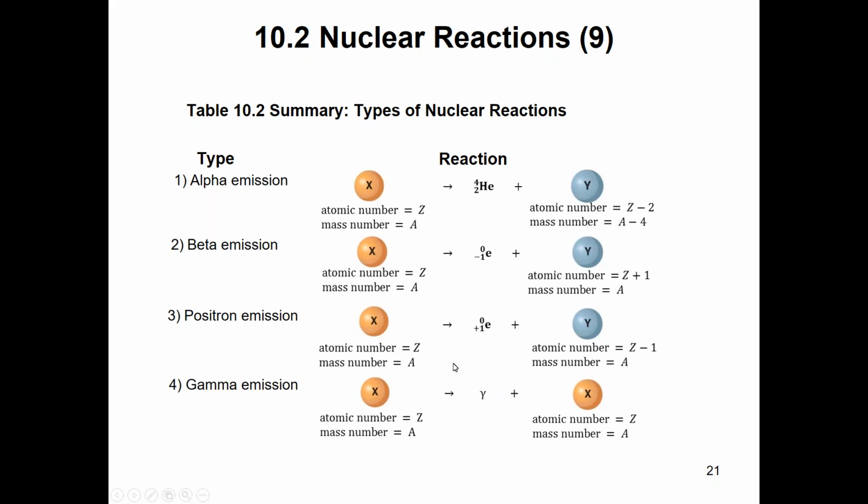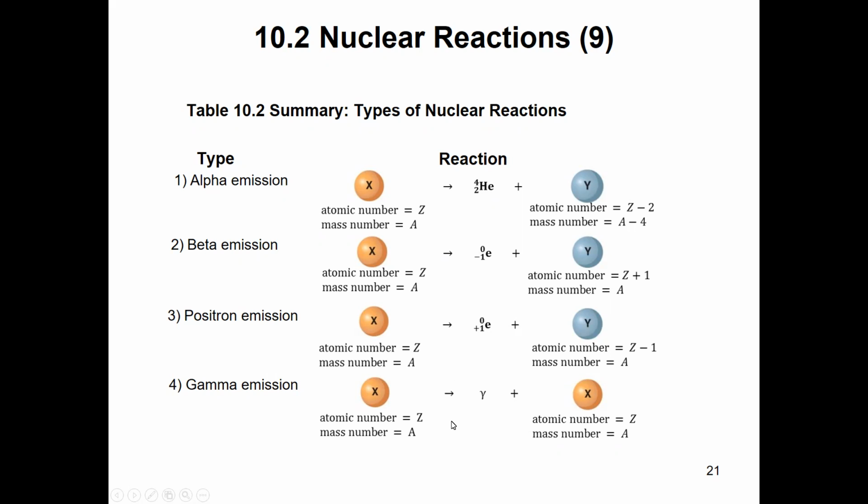In a positron emission, the positive electron is emitted, so it has no mass number, but a positive charge. So the mass number stays the same from the original nucleus to the new nucleus, it's still A. But the atomic number changes from Z to Z minus 1 to take into account the positron emission.